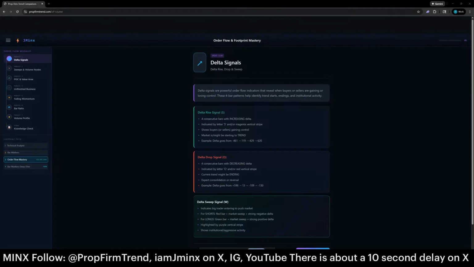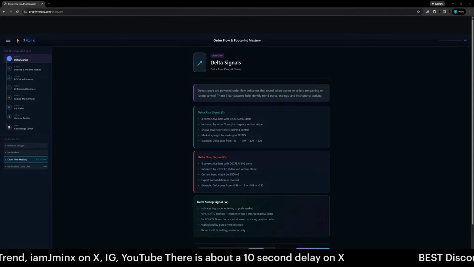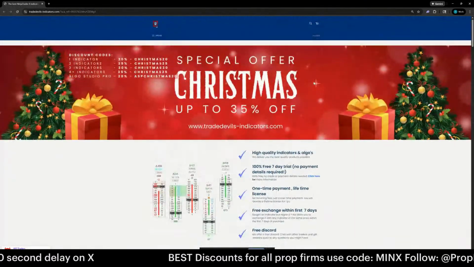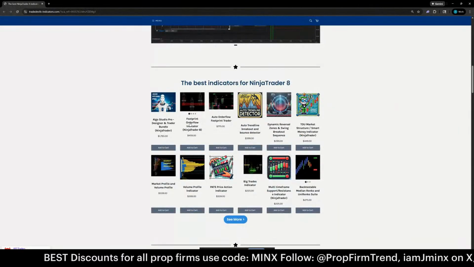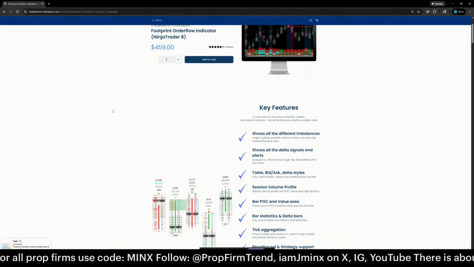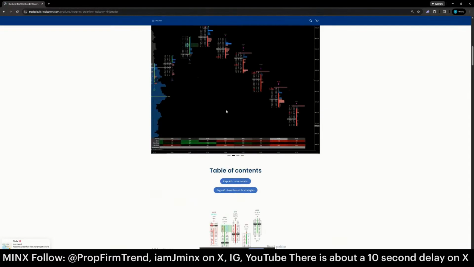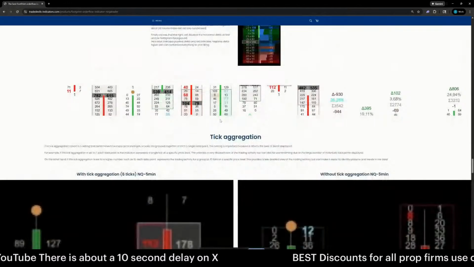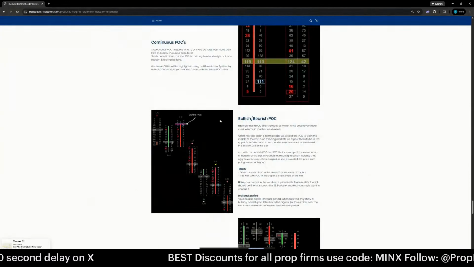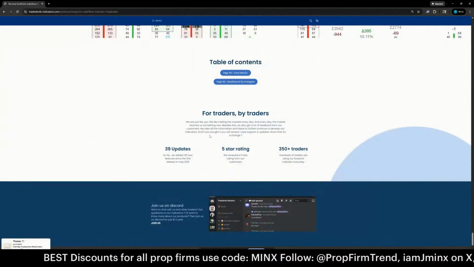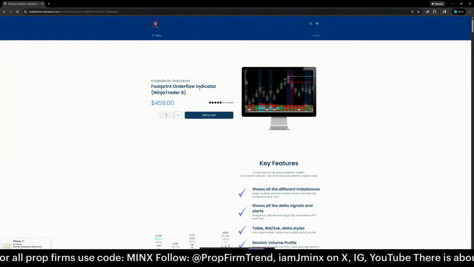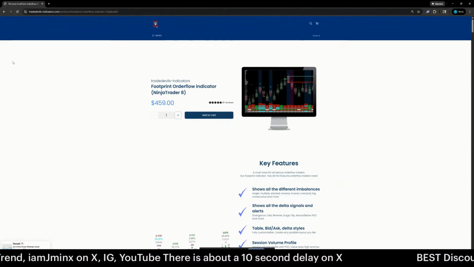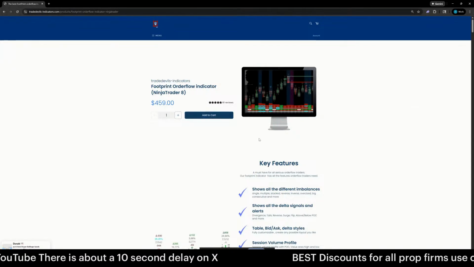What is it called? Here it is, order flow footprint. Okay, there's NinjaTrader, Quantower, Sierra Chart. That's what it is. Sorry. So NinjaTrader, Quantower, and Sierra Chart is where you can get this.